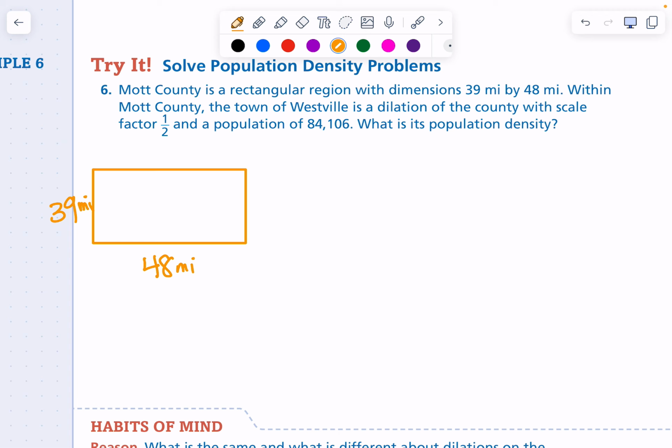Okay, so what should we do next? I think we should talk about what Westville looks like, don't you? If Westville is a dilation with a scale factor of 1/2, what's the width of the rectangle?